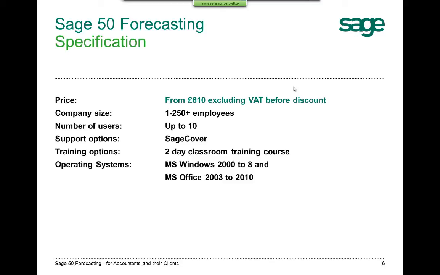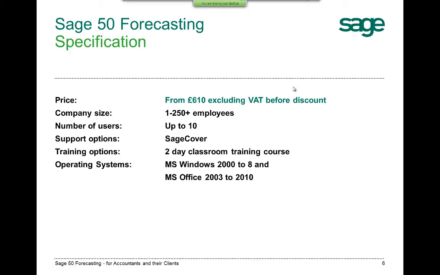We do have Sage Cover available on this, so we do have a dedicated Sage 50 forecasting team from our award-winning support team based in Newcastle. We do offer 45 days free on the Sage Cover when they take out the software initially, and then it starts at roughly £24 per month thereafter, depending on the level that they require.